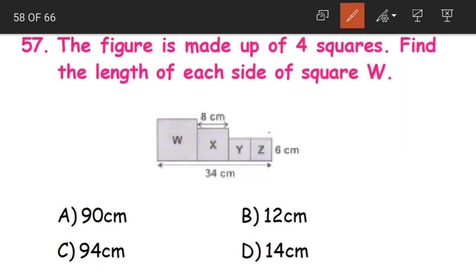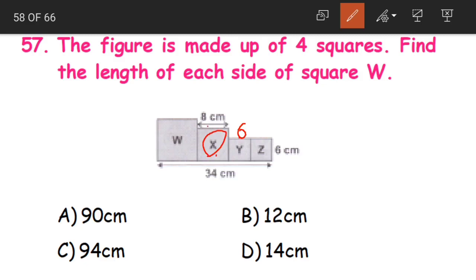If you look at the given figure, the length of side Z is given, that is 6 centimeters. But for Y, what will be the length of the side, children? As we can see, Y and Z are of the same size. They both are congruent figures. So the length of the side of square Y is also 6 centimeters.